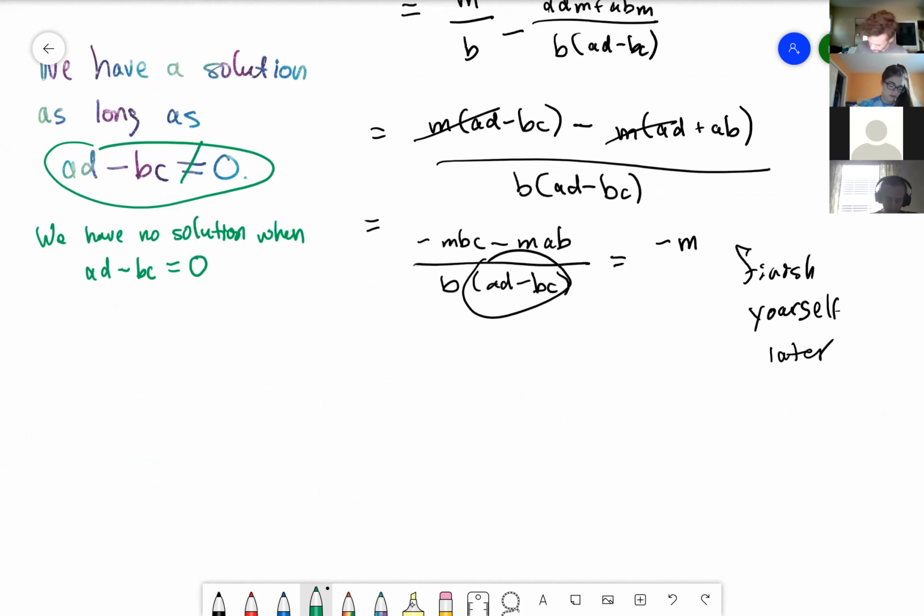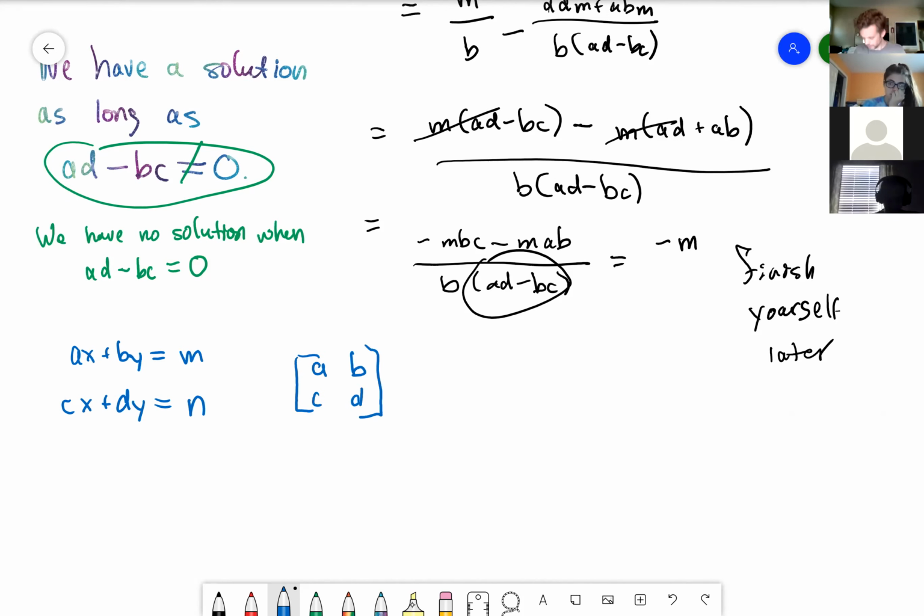Now this system of equations, ax plus by is equal to m, and cx plus dy is n, can be written in a very compact way, and this is where the matrix part of matrix algebra comes in. We simply represent this as a, b, c, d in this square block, and then vertically we write our variables, x, y.